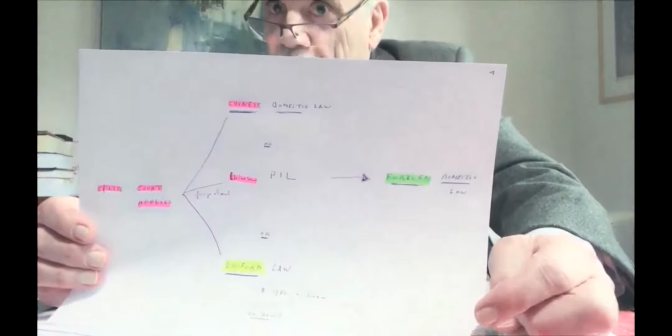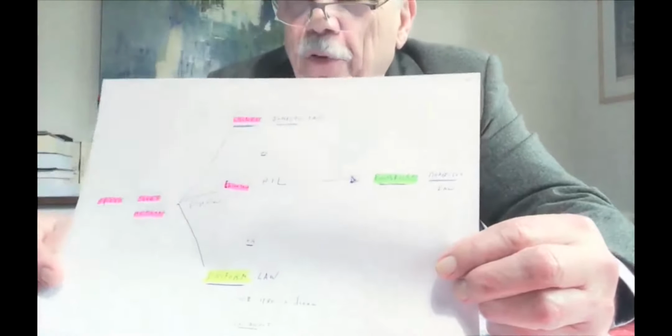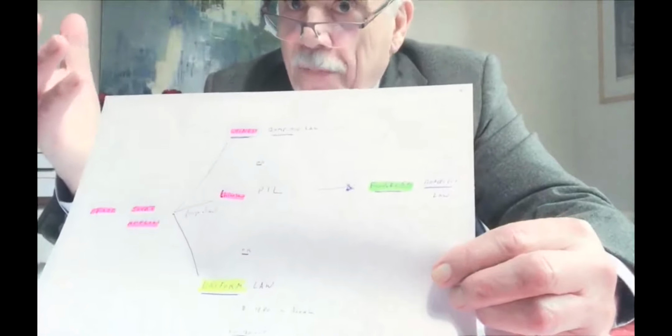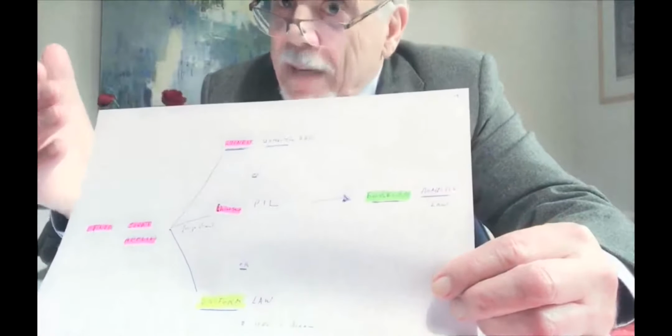Now, my problem, which I will come at now, is when will the judge have to apply the uniform law? Because you have some rules on the sphere of application.